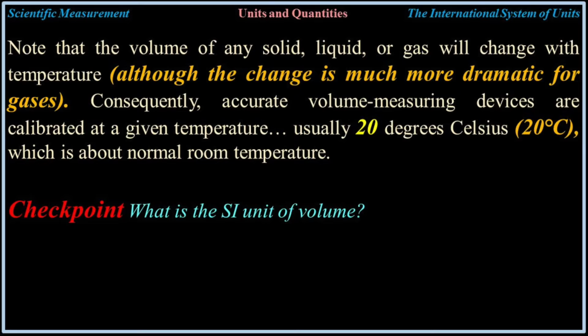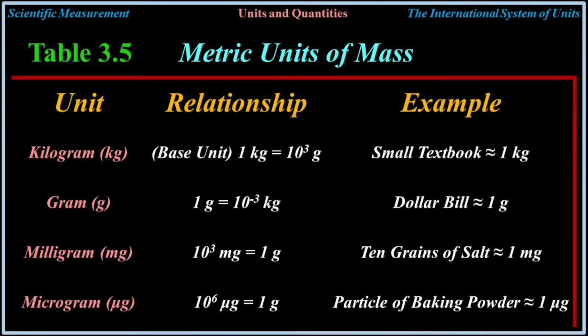Consequently, accurate volume measuring devices are calibrated at a given temperature, usually 20 degrees Celsius, which is about normal room temperature. What is the SI unit of volume? Metric units of mass: kilogram, gram, milligram, microgram. Study these. You have examples which are most excellent.